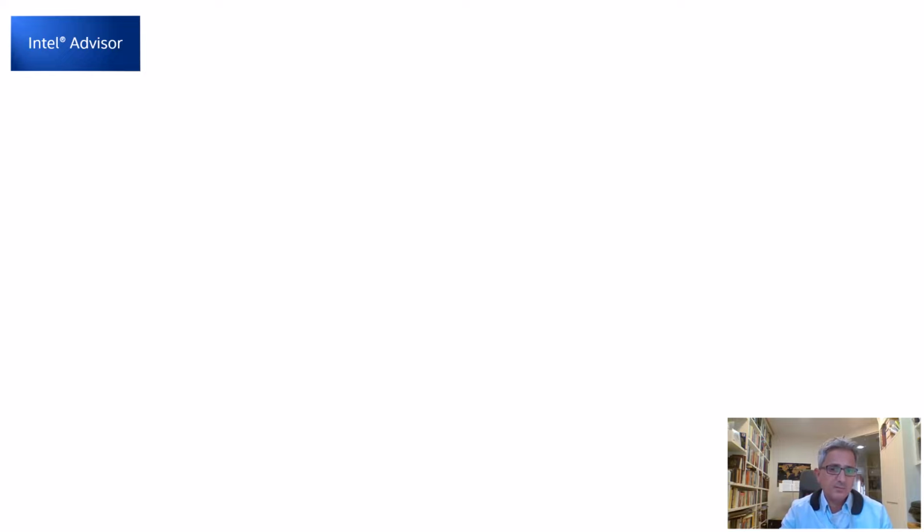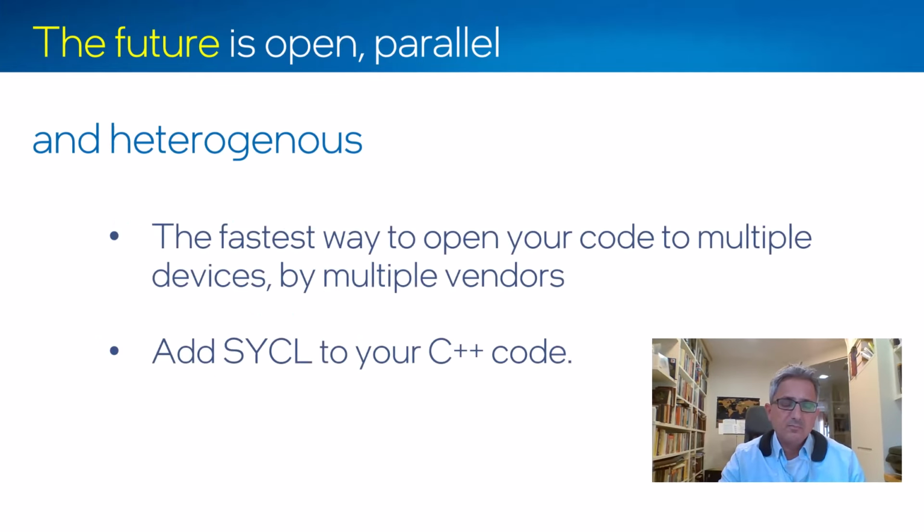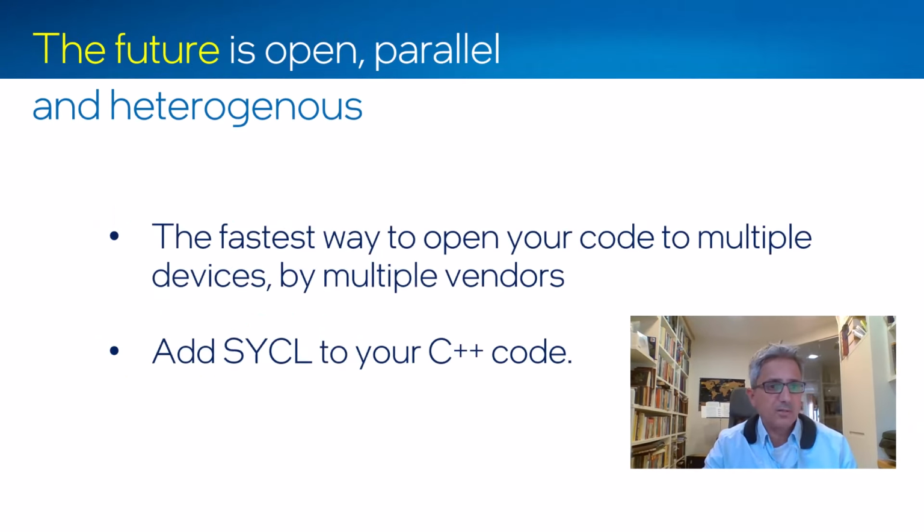And to summarize what I've said, like I said, the future is open, parallel, and heterogeneous. It will have multiple accelerators, and the fastest way to open your code to multiple devices by multiple vendors is probably to add SYCL to your C++ code.